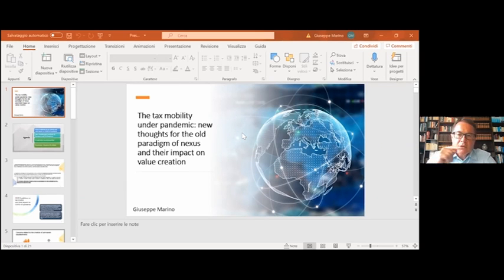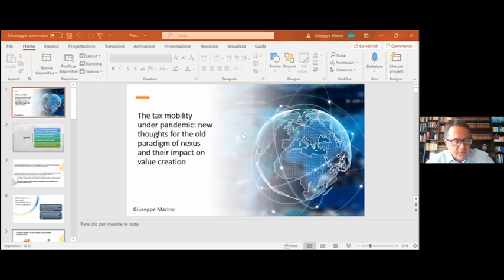But as a matter of fact, it is also a matter of risk management for the corporation itself, not only because of the transfer pricing rules and the setting up of the transfer pricing, but also because of its allocation in terms of residence, in terms of presence of possible permanent establishments out of the country of residence, as well as all the responsibilities in terms of tax agents, withholding tax agents in light of all the managers and all the employees of the corporation itself. So it's a very complex approach.